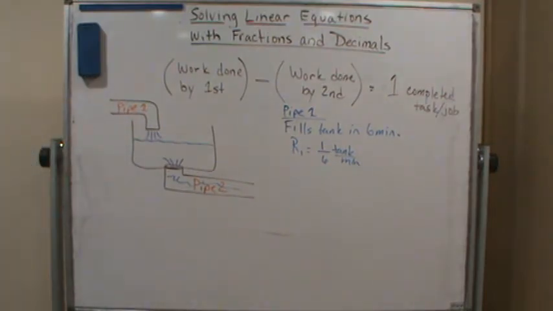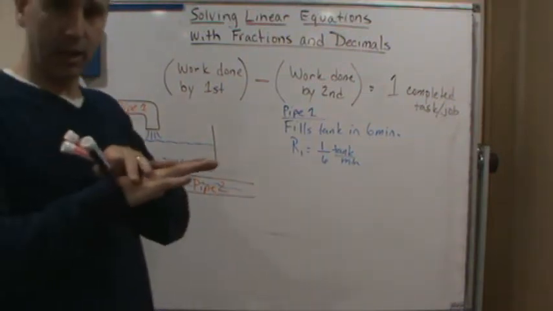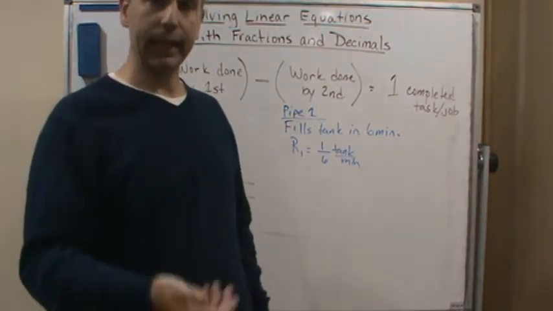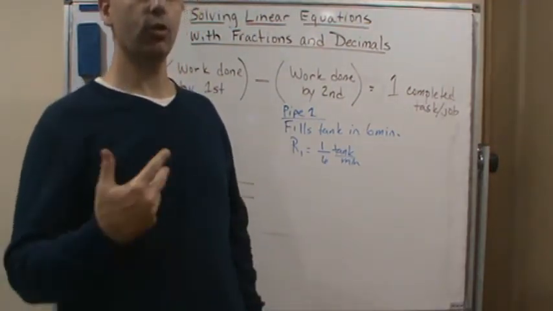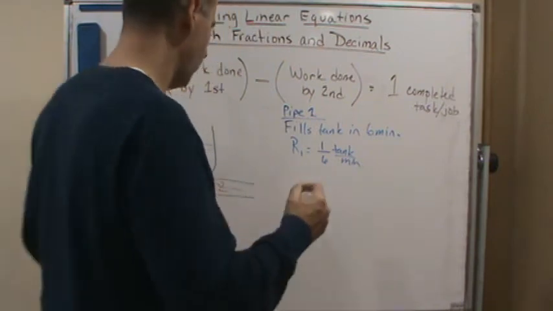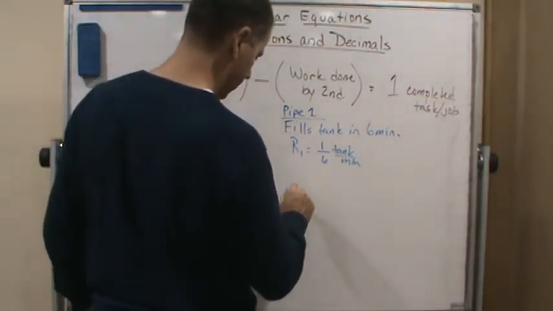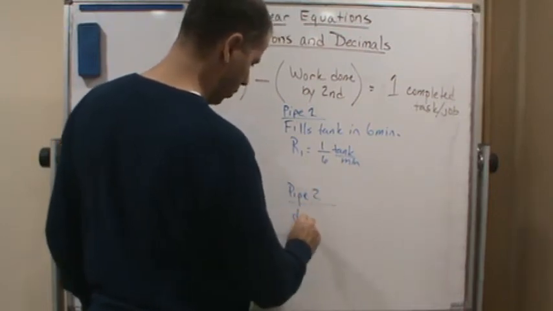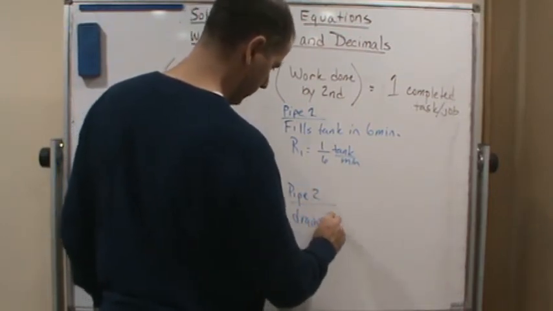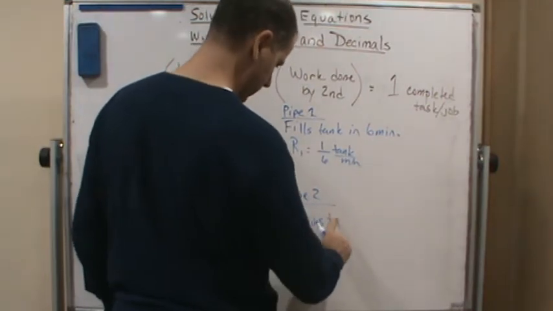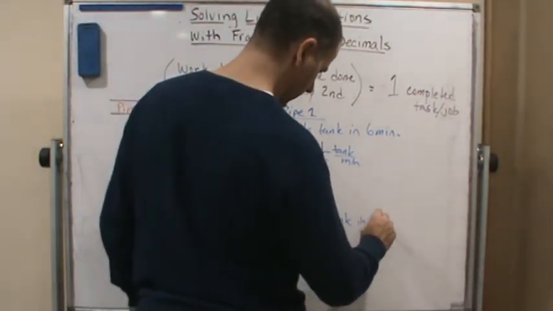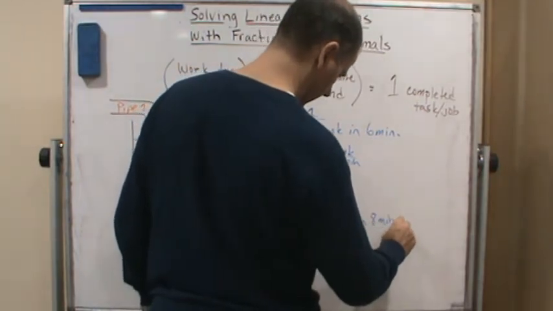It says a drain empties the tank in 8 minutes, meaning if I had the tank filled completely and I opened the drain, it would take 8 minutes to drain the tank. So pipe two drains the tank in 8 minutes.